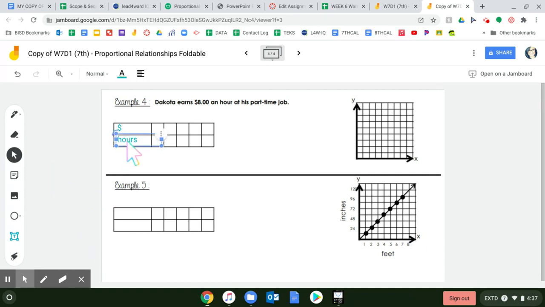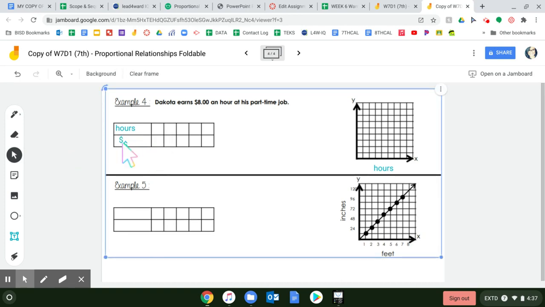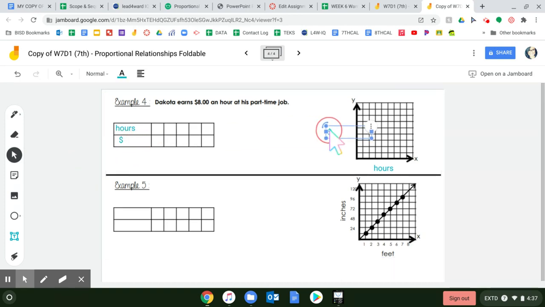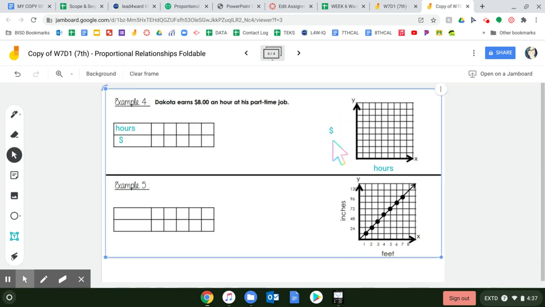And since hours is a time value, that's going to be our x-axis. So I'm going to put hours over here. And then money would be dependent on how many hours I work. So that's our dependent variable.